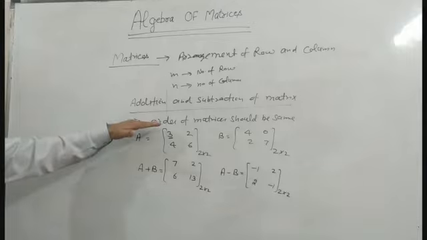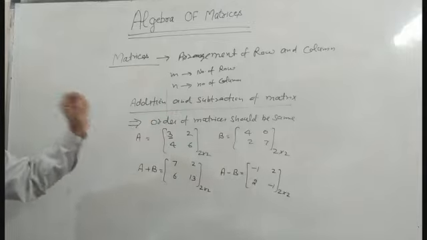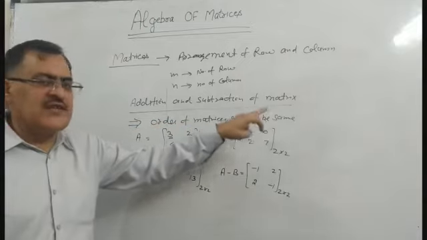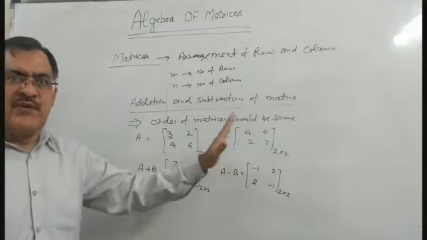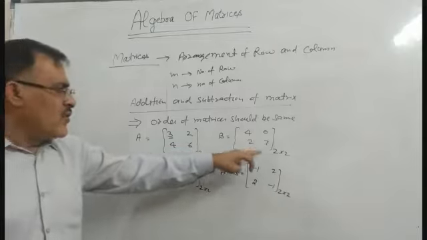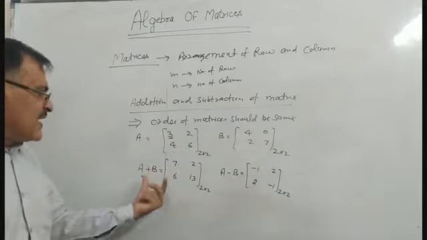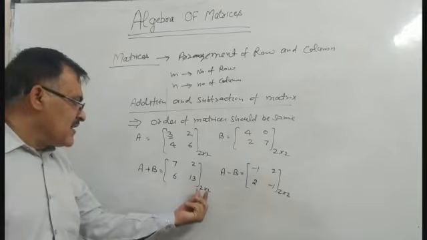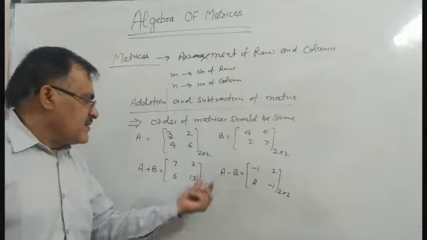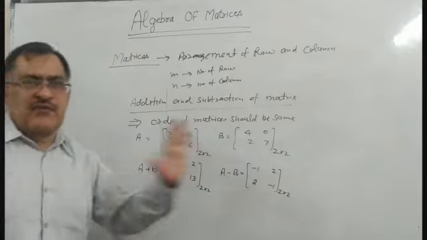So for addition and subtraction, a necessary condition is that the order of the matrices should be the same. Order 2 into 2, order 2 into 2. When we add and subtract, the order of the sum and the difference of the matrices should be equal.